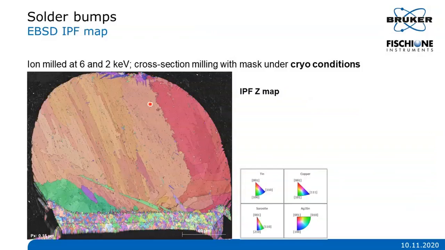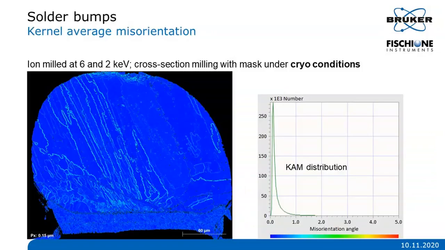Once you have the orientation, you can easily look at the kernel average misorientation, which shows you very local changes of orientation in your sample, in your structure, and then you can easily localize the strain accumulation in your sample, which can indicate when the failure of your solder junction can happen during device lifetime.